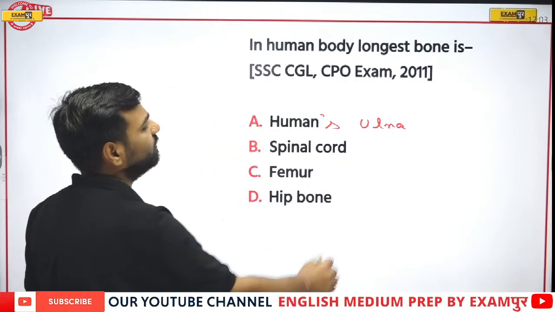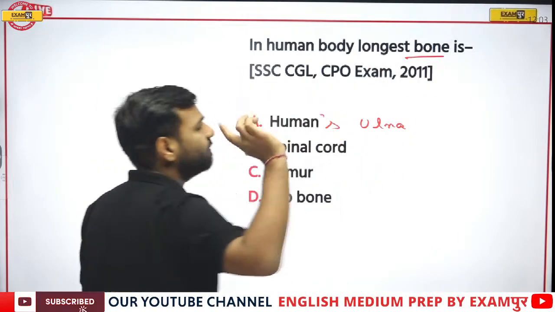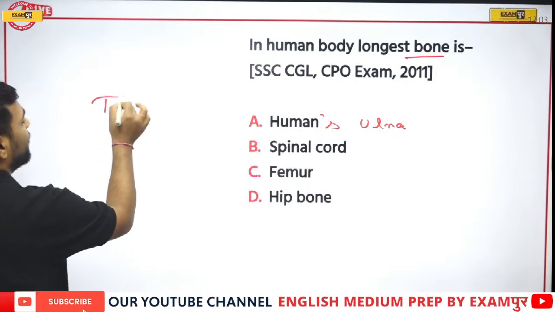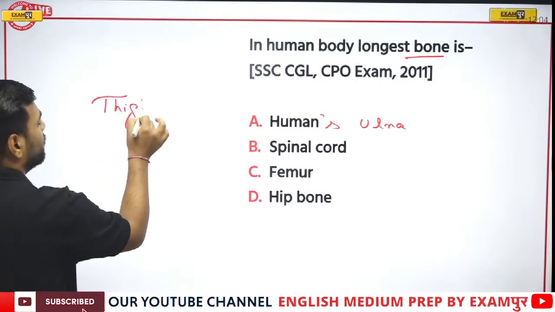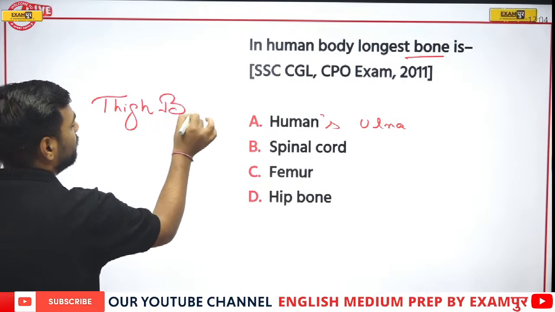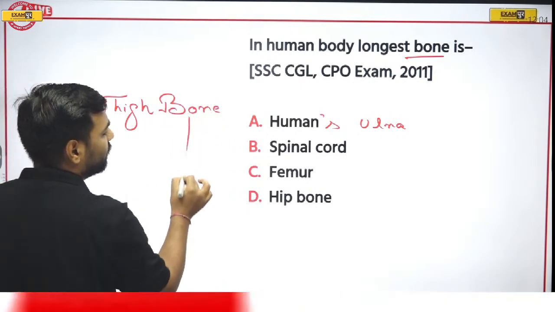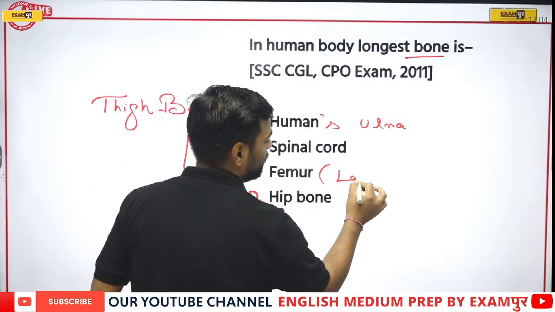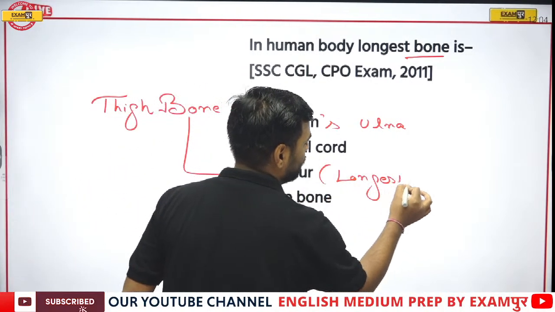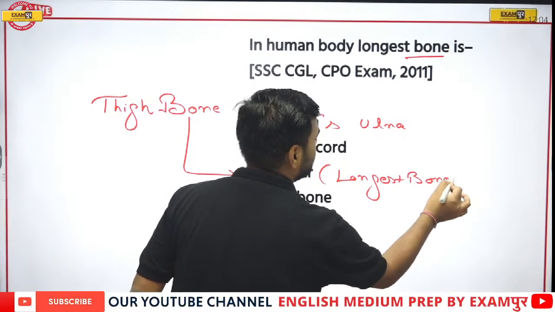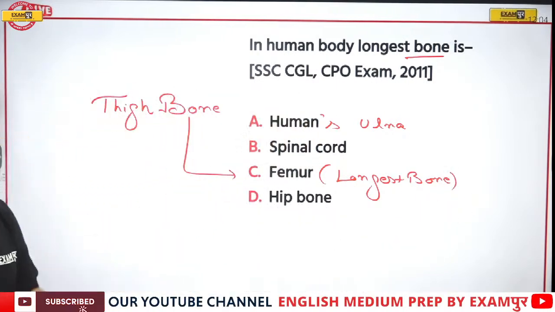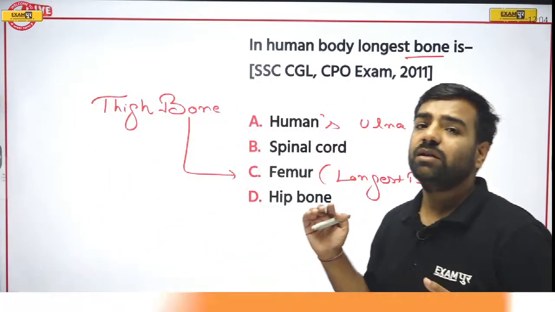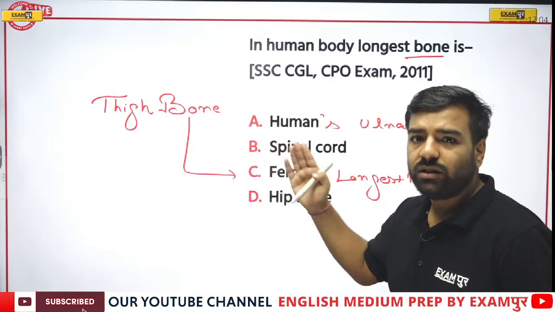There are several bones in our body, but when we talk about the thigh bone, it consists of the femur, which is actually the longest bone. So femur is the longest bone. But if someone is asking you about other bones, what kind of question can be asked? It may be asked about this longest bone, that is your thigh bone.